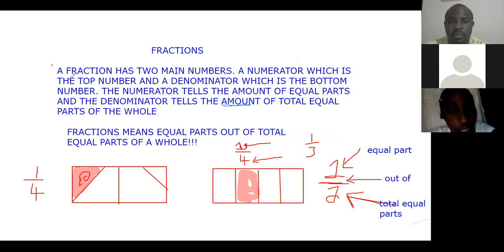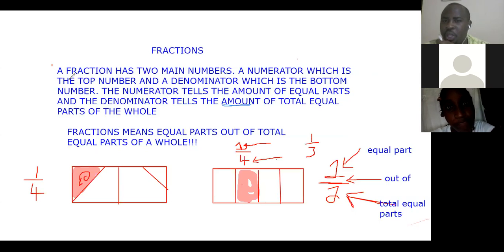Okay, a fraction has two main numbers: a numerator, which is the top number, and the denominator, which is the bottom number. The numerator tells the amount of equal parts, and the denominator tells the amount of total equal parts of the whole.